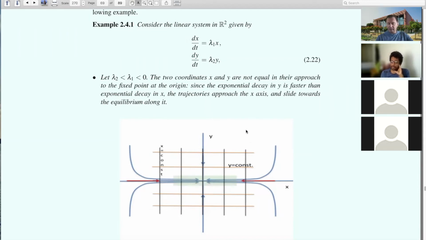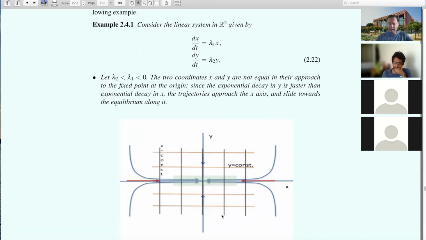If you just say, okay, for any Y equal to some constant, Y equal to C, consider all these initial points, and all of them are going to be obeying the same dynamics, because this dynamics here does not depend on Y. So any Y equal to constant, and I think I reversed it a little bit, any Y equal to constant point here is going to be decaying towards Y equal to 0 in the same way, independently of which X it started with.